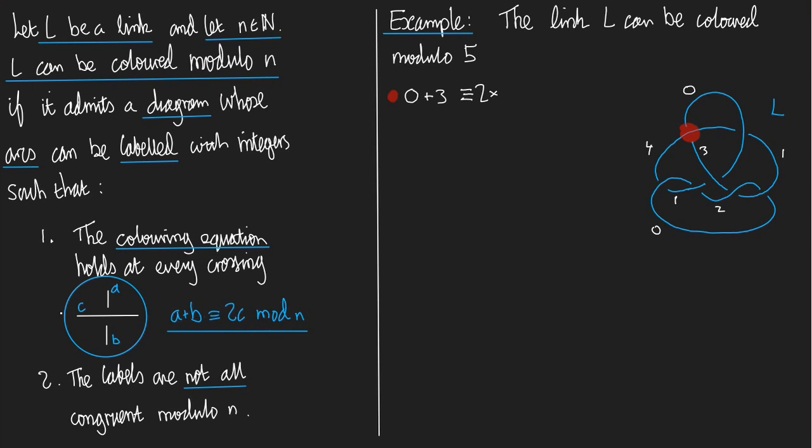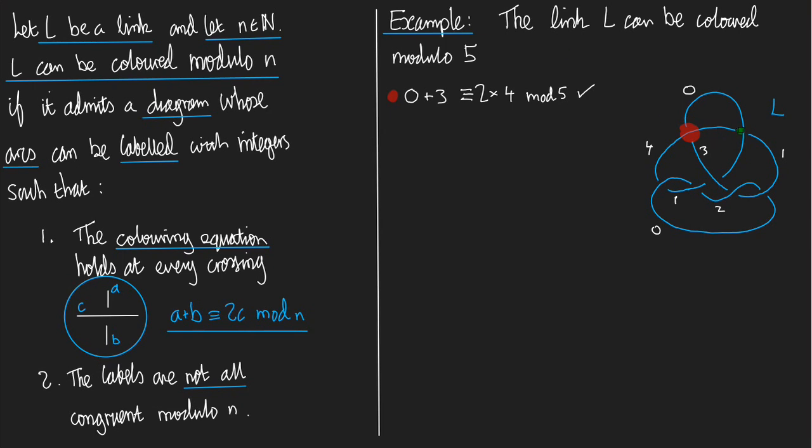C is the label of the arc that passes over the crossing, which is in this case 4. And that should be true modulo 5. Is 3 congruent to 8 modulo 5? Yes. So what we've established is that the colouring equation holds at the red crossing.